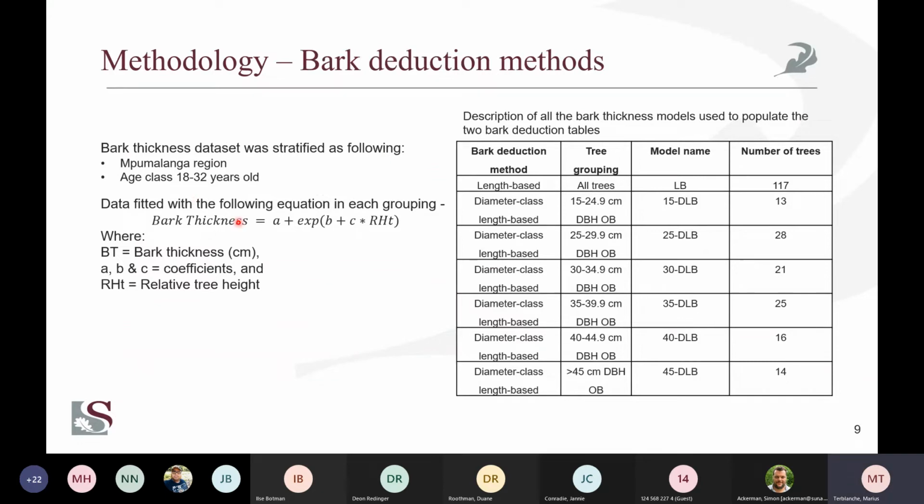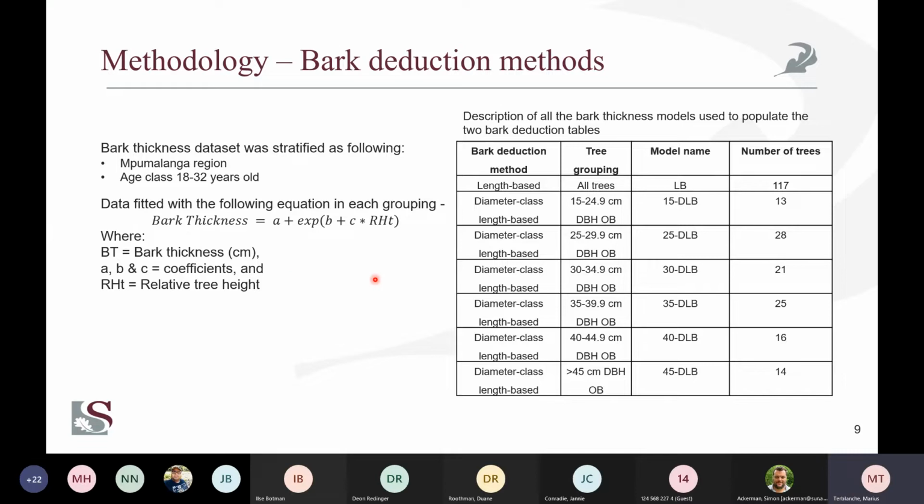For the bark data set, we took data from Hans Kortz's work, specifically for the Mpumalanga region, with trees in the age class of 18 to 32.